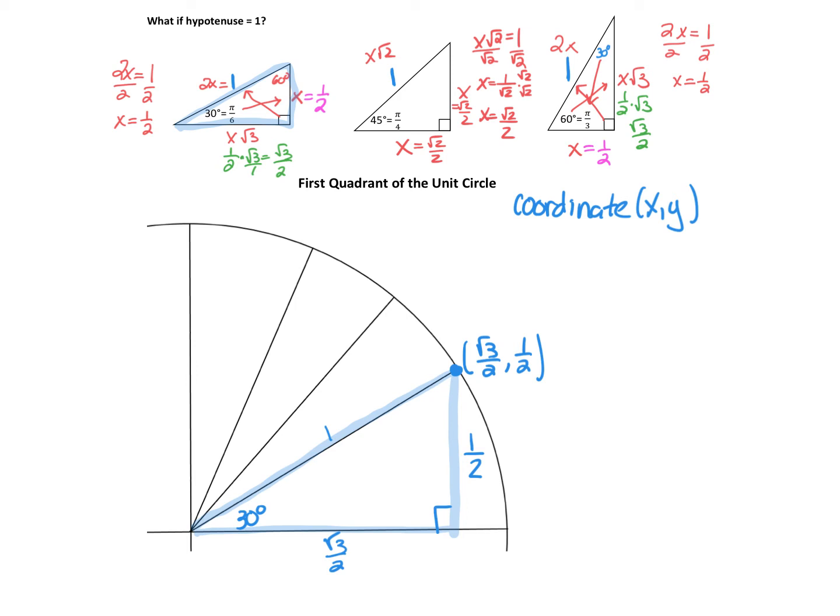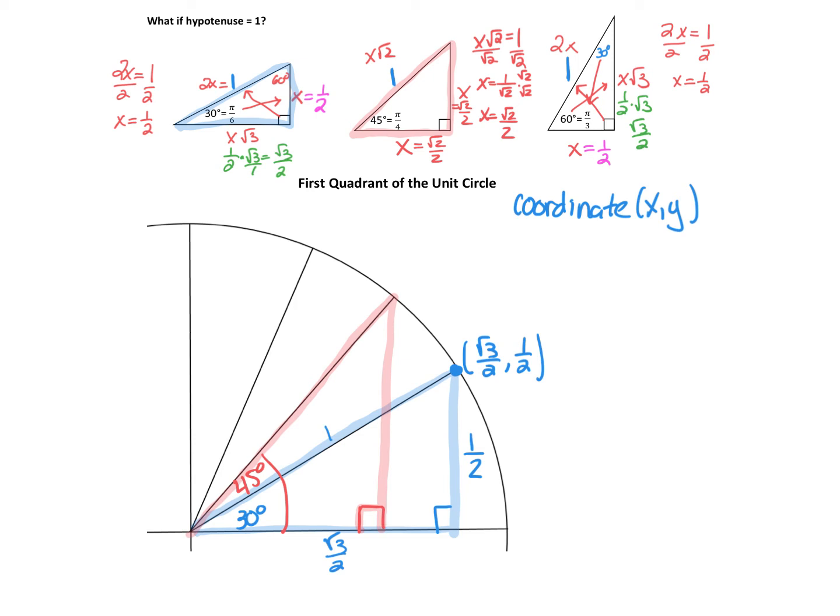Now I'm going to do the same thing with my 45, 45, 90 triangle. I'm going to place this guy on here. Here's my 45-degree triangle. 45 degrees is this whole part.